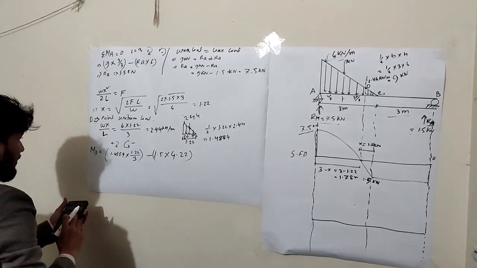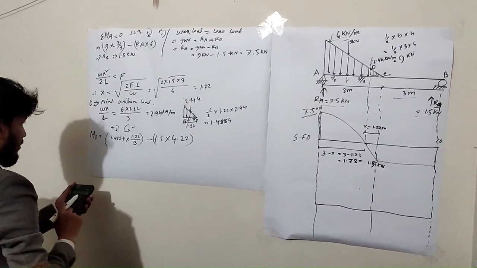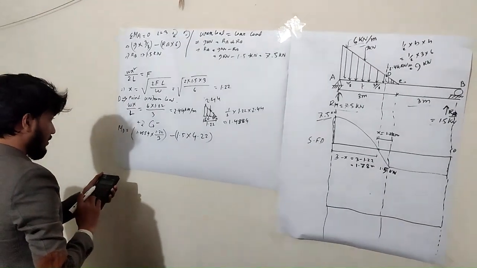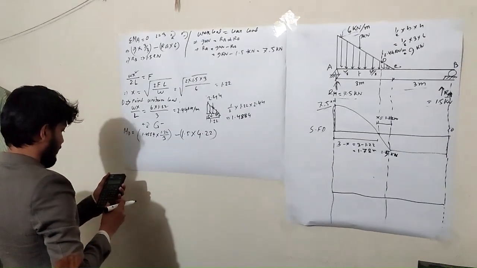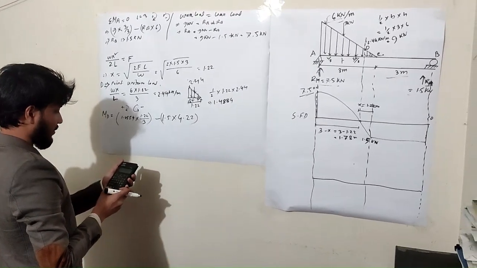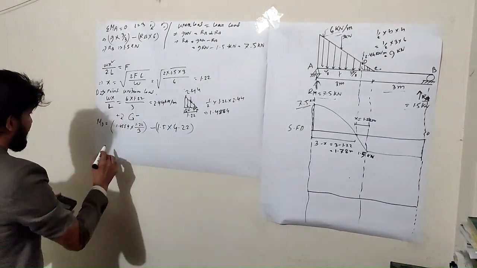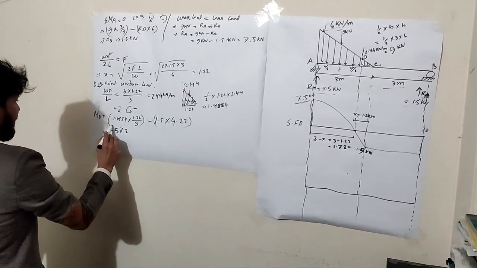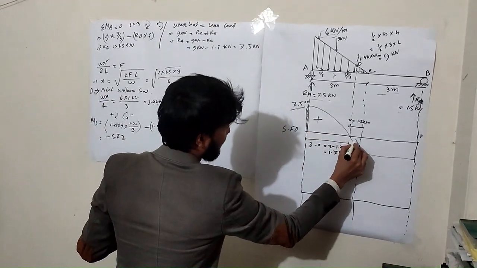So we find 1.4884 into 1.22 divided by 3 minus 1.5 into 4.22, giving 5.72. The minus is neglected because one is positive and one is negative.